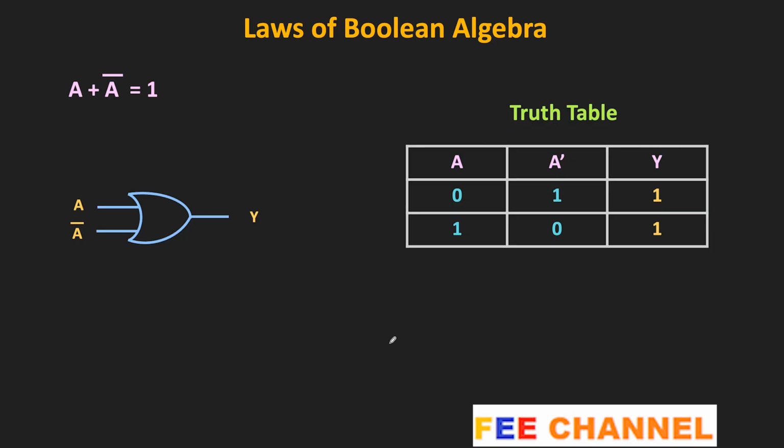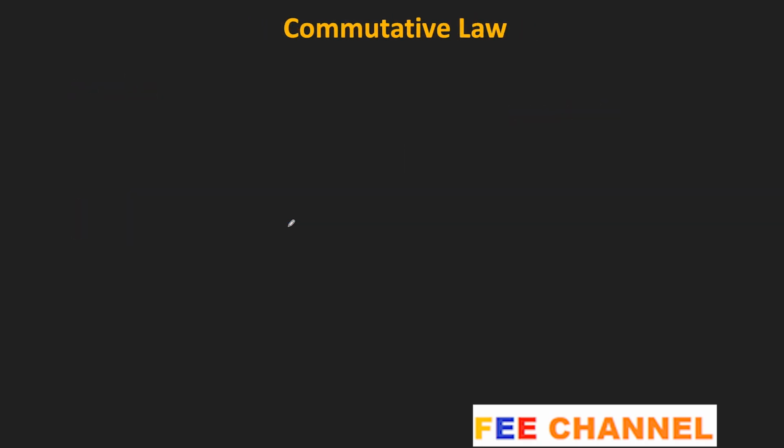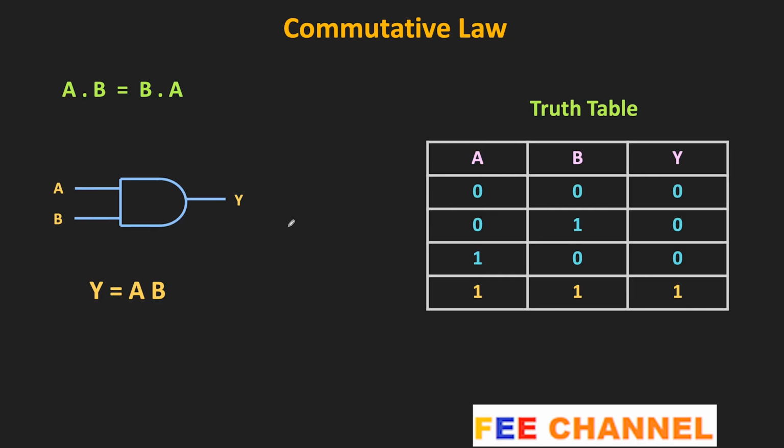When A is 0, then A bar is equal to 1. And whenever A is 1, then A bar is equal to 0. So, in both cases, at least one input is 1. And we know that, for the OR gate, when one of the inputs is 1, then the output is equal to 1. That means in both cases, the output Y is equal to 1. And therefore, we can say that for this expression, Y is equal to 1.